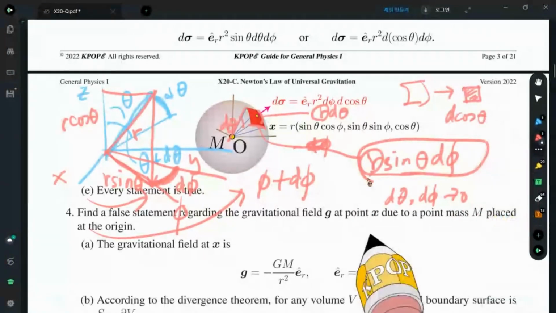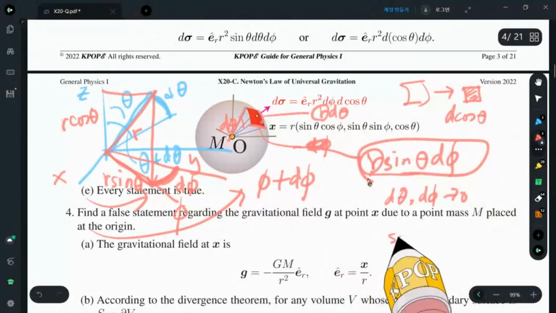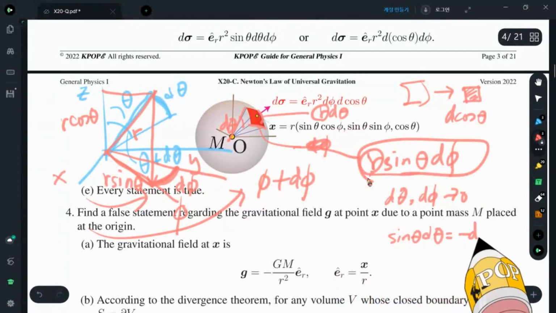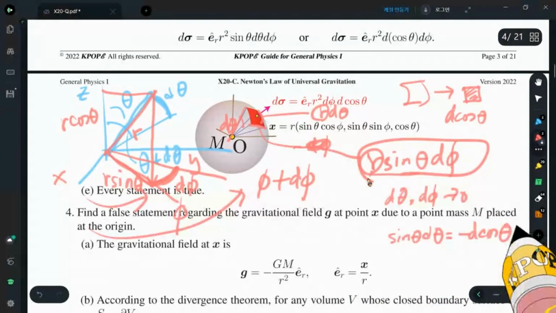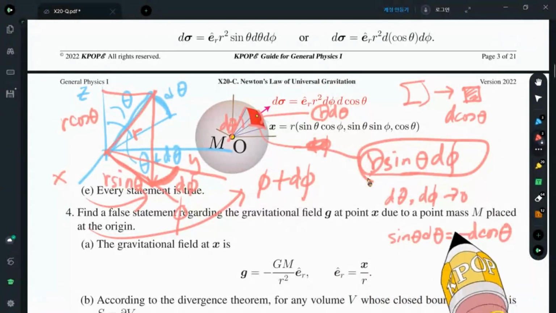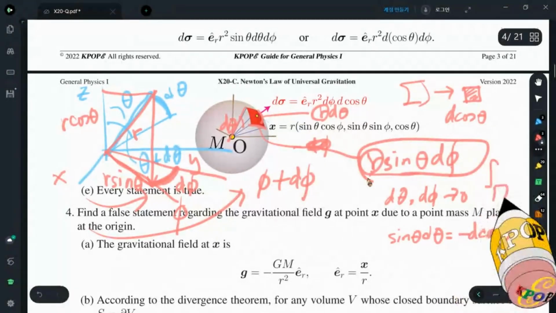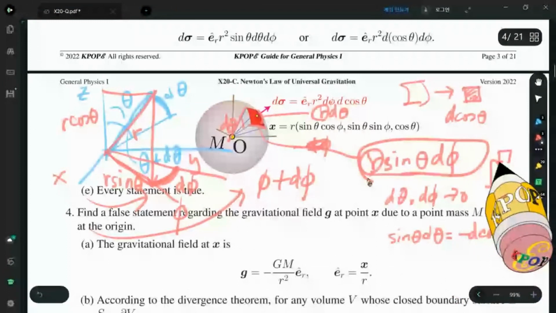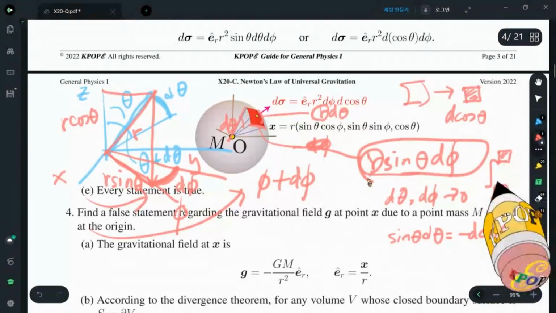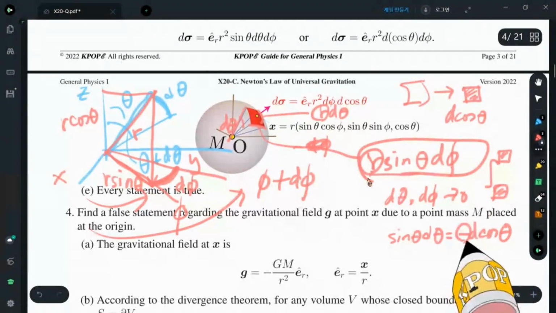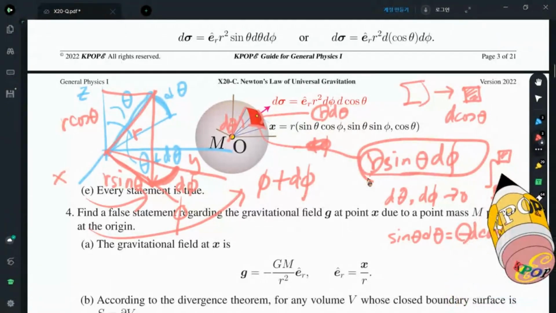The sign difference: actually, sine theta d theta equals minus d cosine theta. The reason why I do not put the negative sign is that I will exchange the order of the lower limit and upper limit to absorb this negative sign inside the integral.